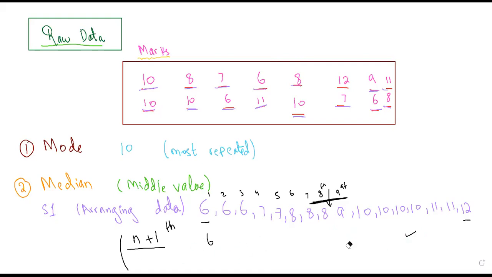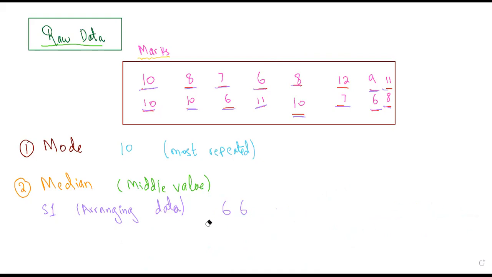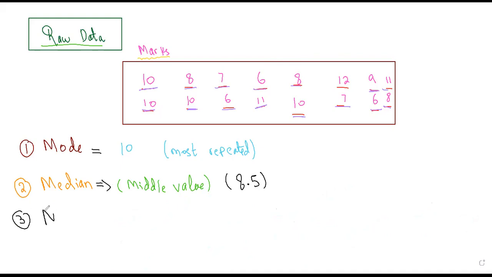Let's talk about the third thing, that is mean. Okay, what is mean? Mean is basically the average. Now we have been computing the averages.